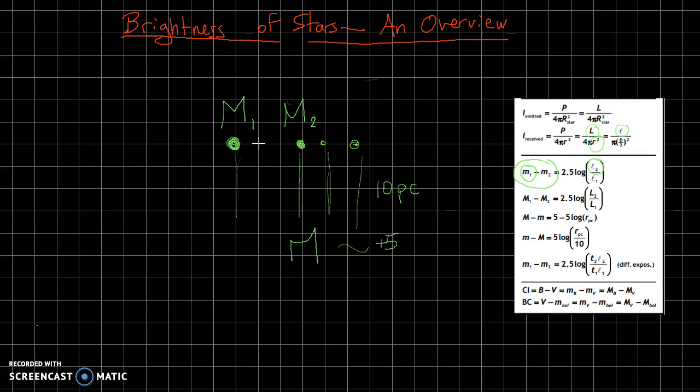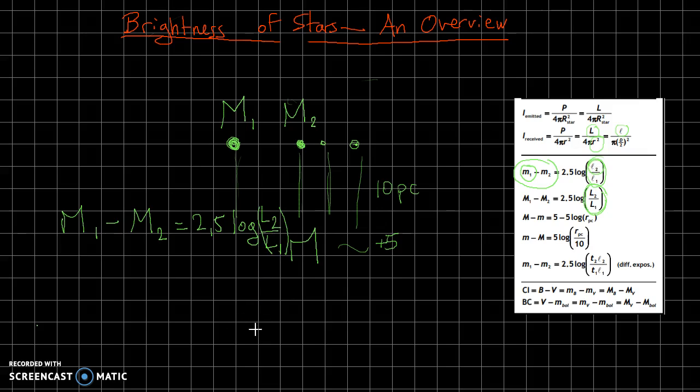So the difference in magnitude that they have reflects a ratio not in apparent luminosity, but in absolute luminosity. So we would say that the difference in absolute magnitudes between two stars is a logarithmic function of their absolute luminosities ratio, as opposed to apparent luminosity.